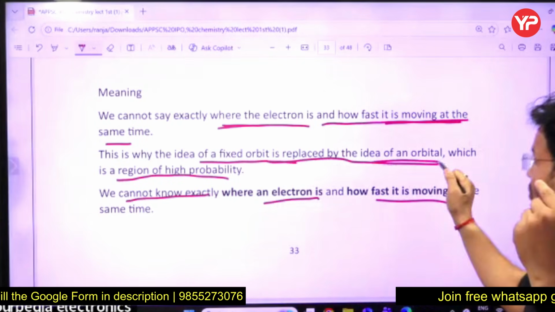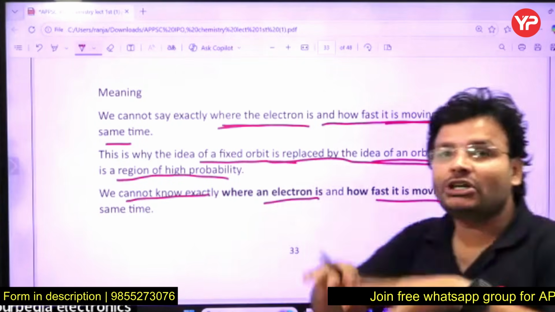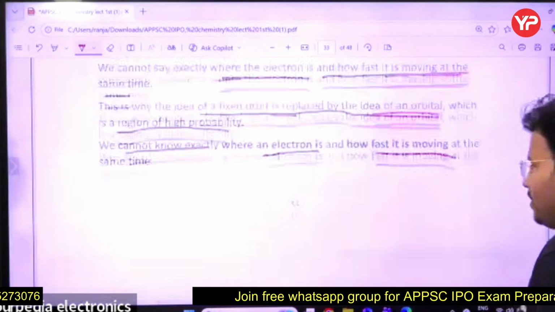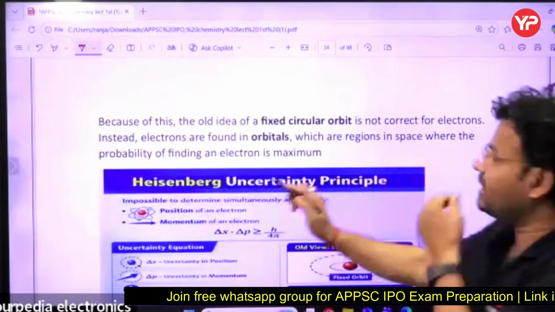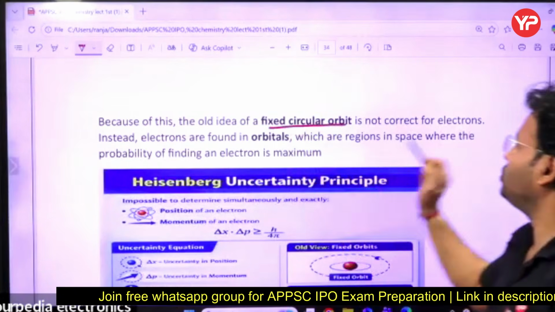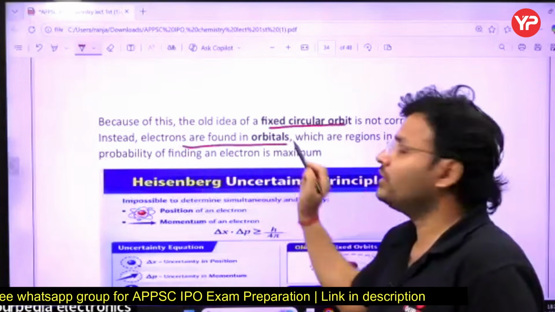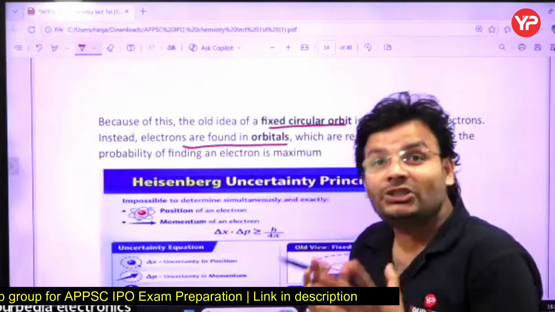Now the next idea which is coming: to find the region of the electrons, their probability has to be found, right? Because of this idea, a fixed circular orbit is not correct for electrons. Instead, electrons are found in orbitals. Now what is an orbital, sir?